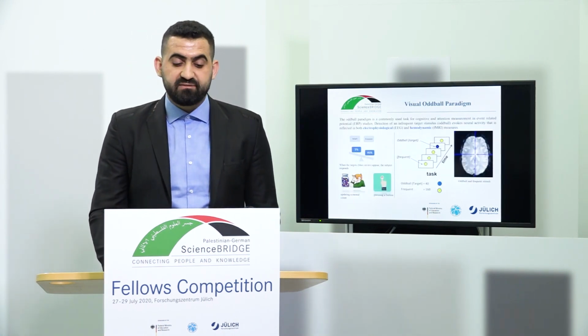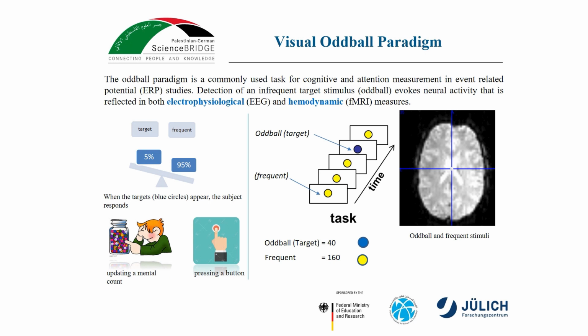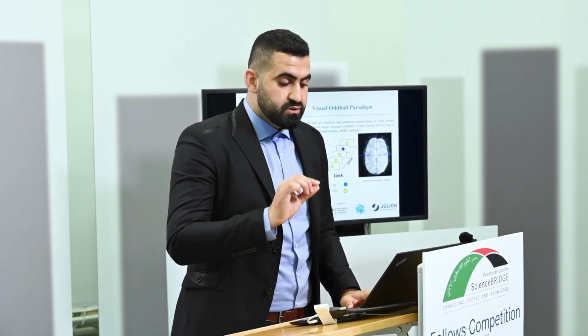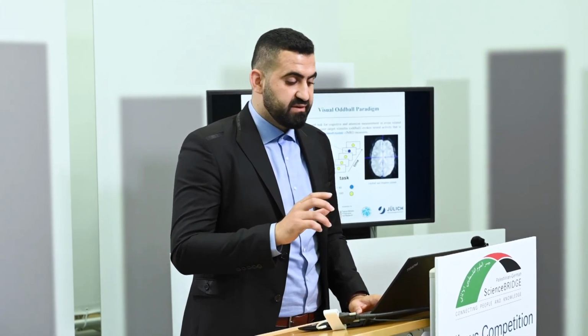Here I'm showing the visual audible paradigm. It's a commonly used task paradigm for cognition and attention in event-related potential studies. As we can see on the right side of the slide, there are two types of circle with different colors. The first one is the blue one, the audible target, and the second one is the yellow.